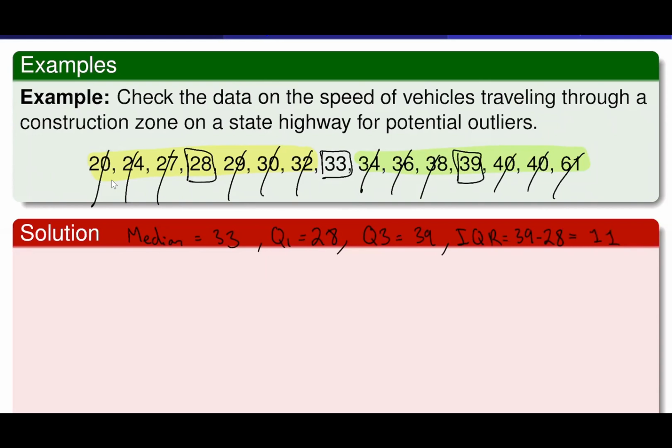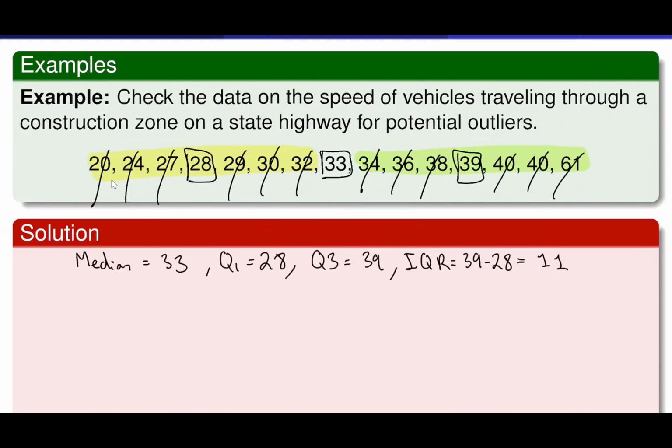And actually, let me bring this down so that you can see it a little bit better. All right, the median is 33, quartile 1 is 28, quartile 3 is 39, and lastly the IQR is 11. Everybody good with those numbers so far?